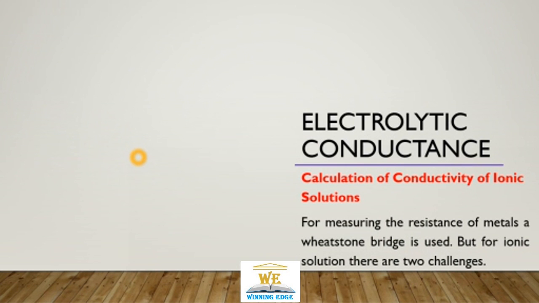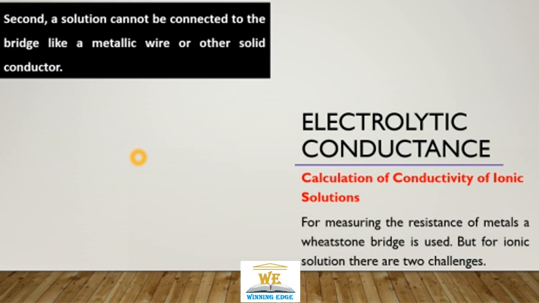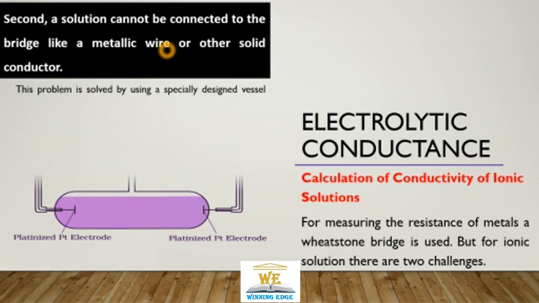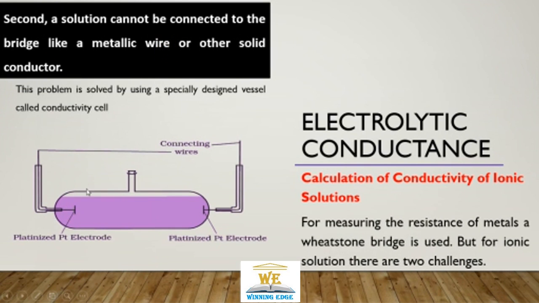Next, the second problem is, solutions cannot be connected to the bridge like a metallic wire because a solution is in the liquid state. How can we connect it? We can't connect it with a wire simply. That problem was sorted out using a conductivity cell.